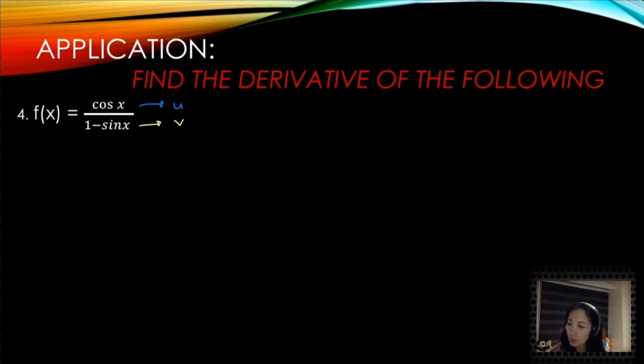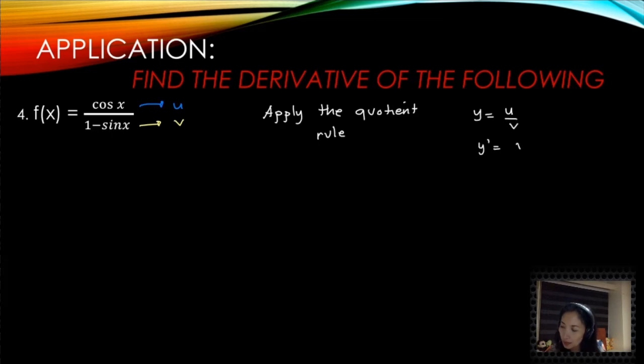So what are we going to apply then? For this problem we have to apply the quotient rule. Remember the quotient rule: if the function takes the form u over v, then y prime is equal to v times du minus u times dv, all over v squared.